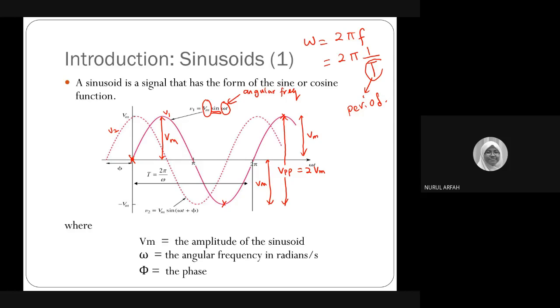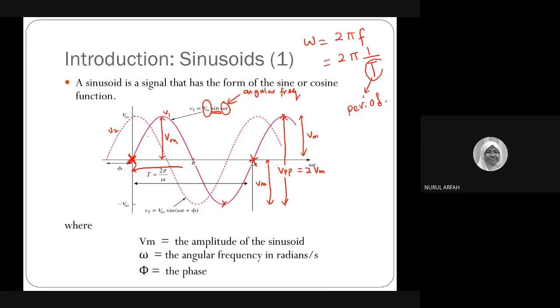A period of time is from wherever the signal starts until it ends at the point where it began.